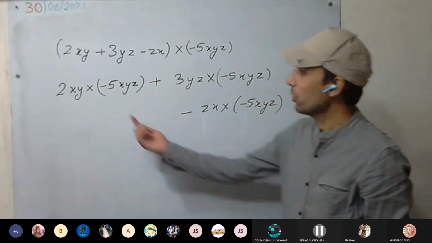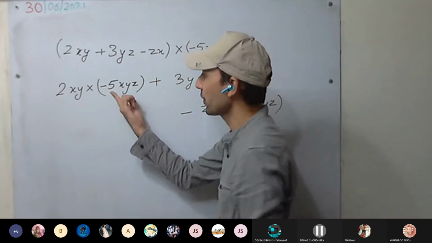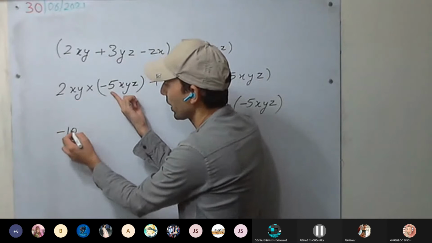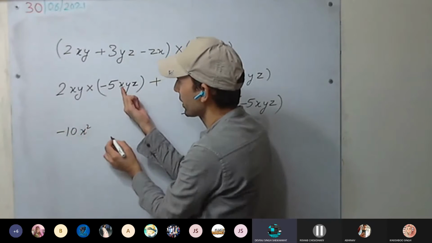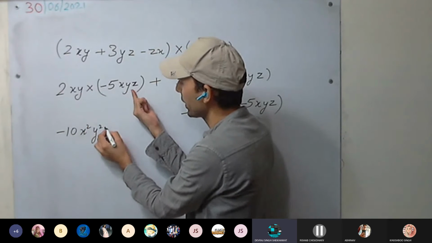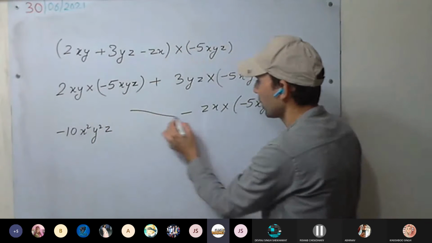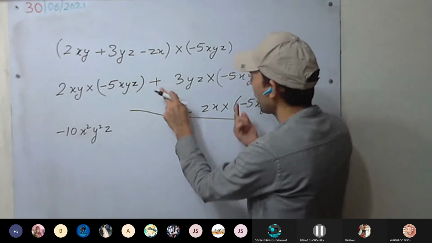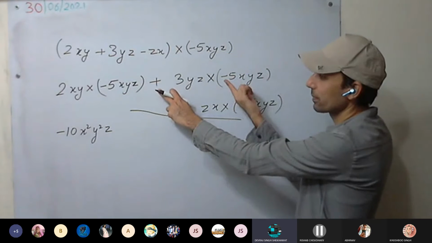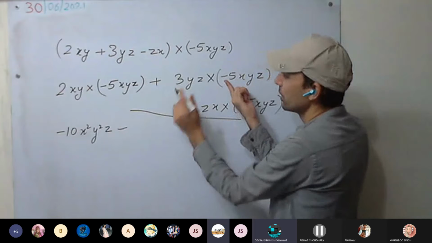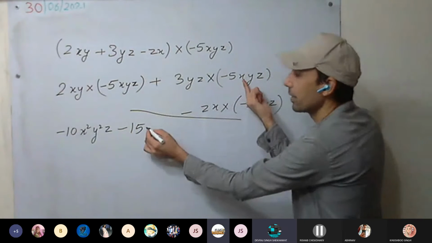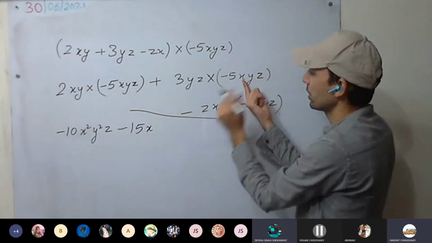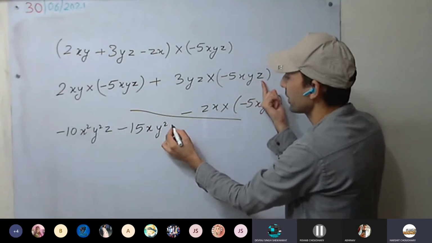Now multiply them. 2 into minus 5, minus 10. So minus 10 x square y square z. Plus, minus 15 x y square z square.